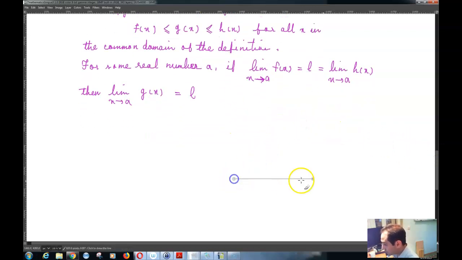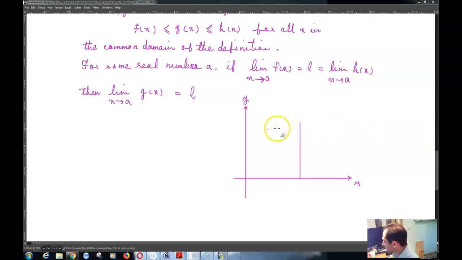So you have basically the y-axis and the x-axis, and let's say that this is the value of a that we were talking about.